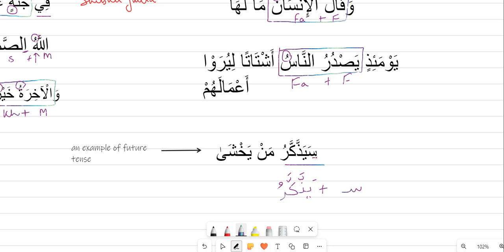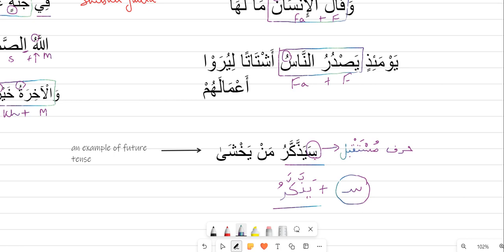This is harf mustaqbal. Mustaqbal means future. Harf mustaqbal means the particle of future. Whenever you attach the seen letter with the present tense, it becomes the tense for future. That means in future you will do. You will remember.